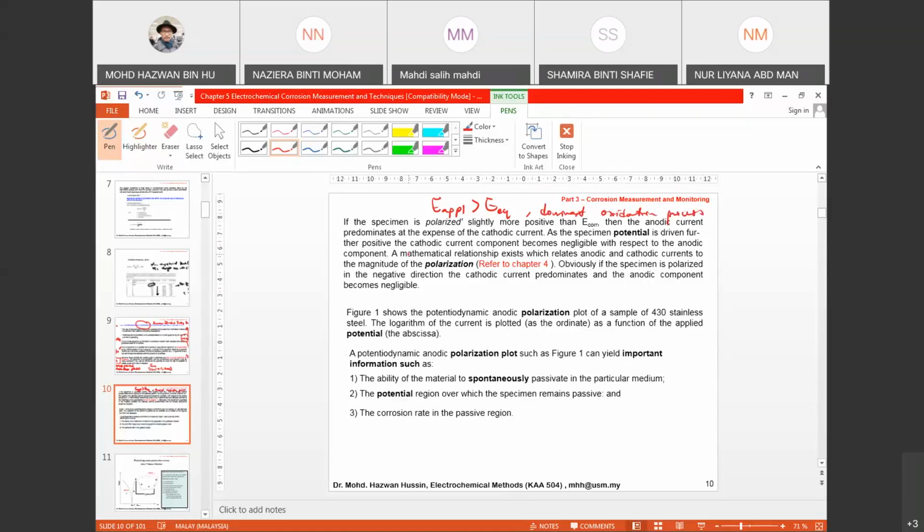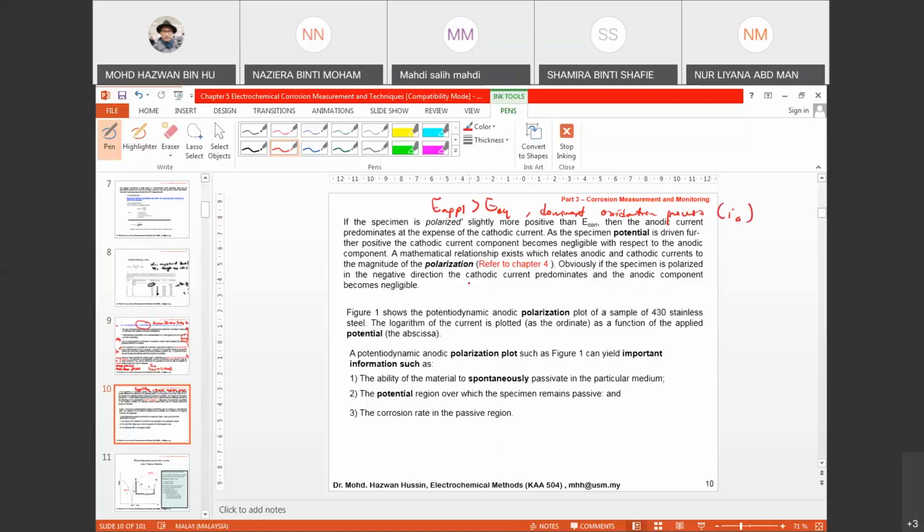A mathematical relationship exists which relates anodic and cathodic currents to the magnitudes of polarization. Obviously, if the specimen is polarized in a negative direction, the cathodic current predominates over the anodic component, which becomes negligible.